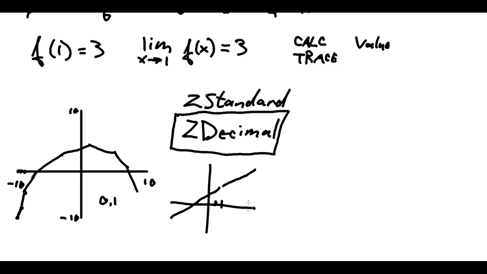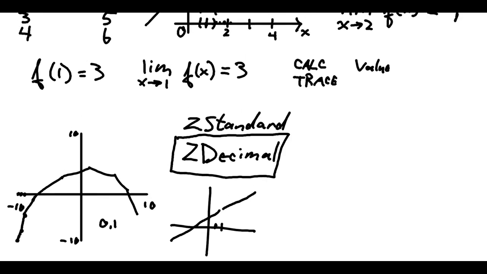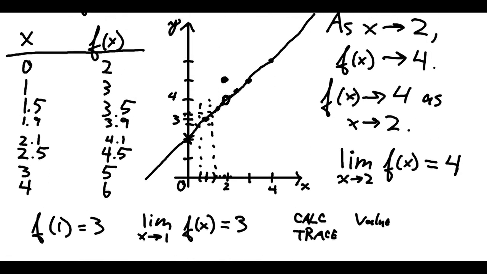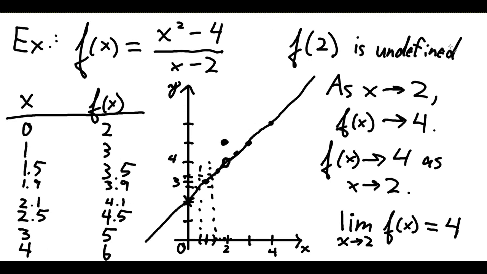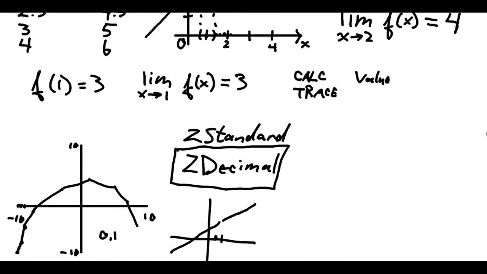You'll get this discontinuity there. So that's a way, if you're trying to look at what a function does and you suspect that there's a problem either at an integer or at a tenth of an integer, then Z decimal will take care of things for you.